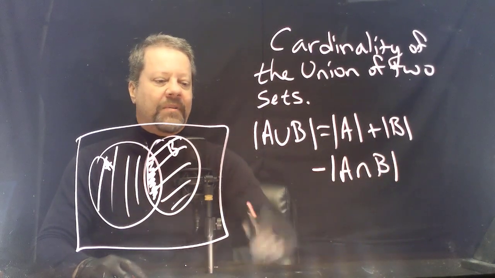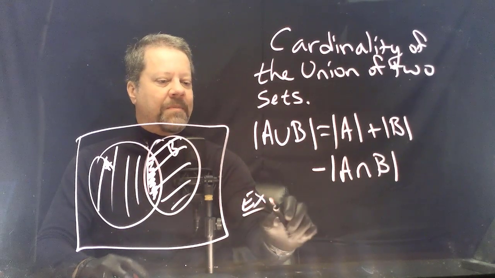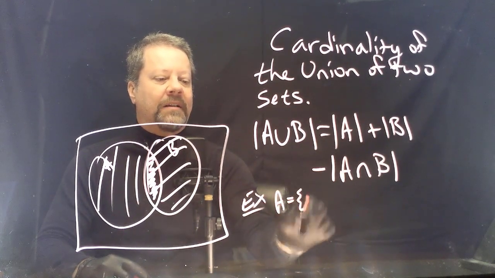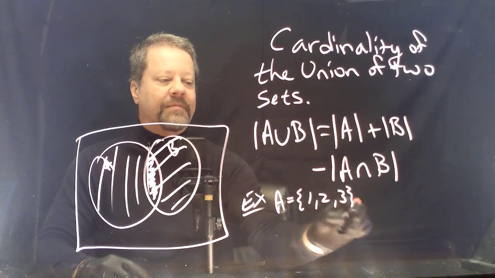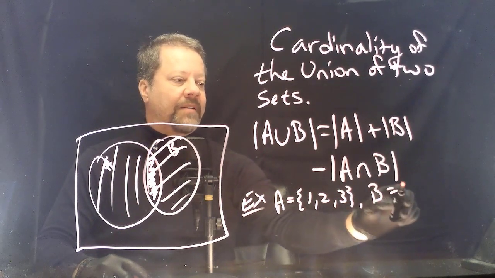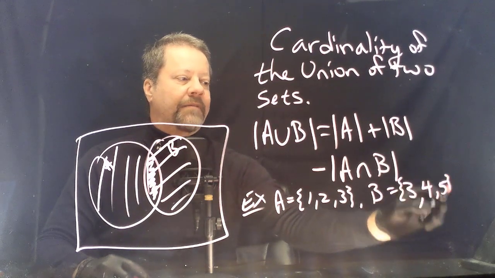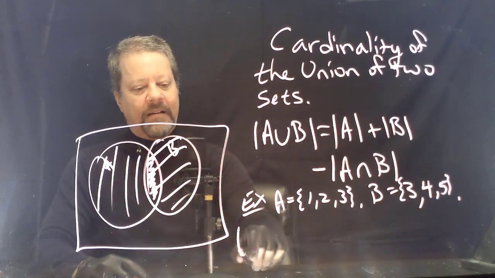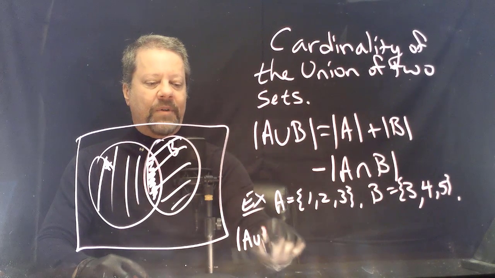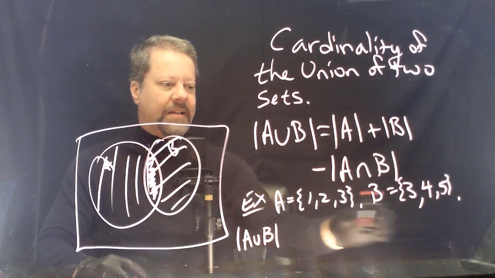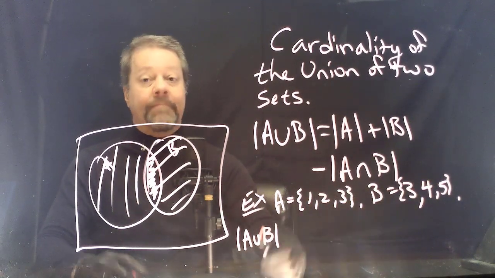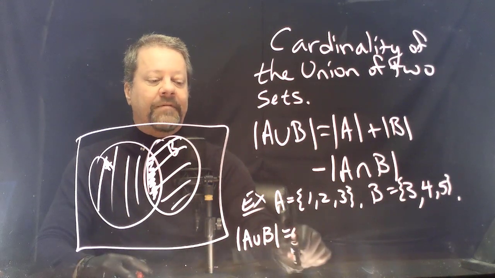And so, in example, suppose A is 1, 2, 3. B is the set that contains 3, 4, and 5. Then the cardinality of the union, which we know is the set 1, 2, 3, 4, 5, that's cardinality is 5.